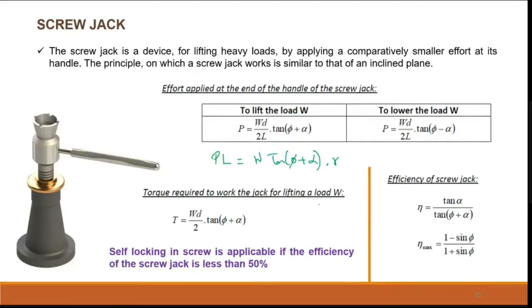P into L is the moment which is acting. P is the force which is applied here, and L is the distance. R is the distance from here to the center, the mean radius.